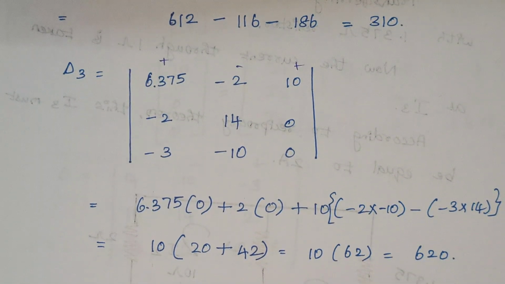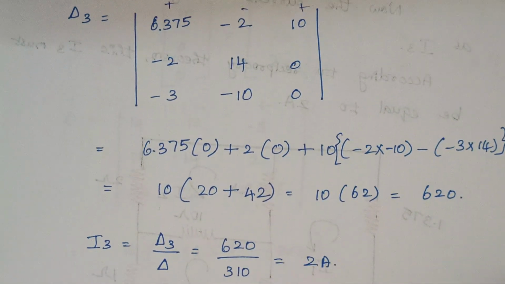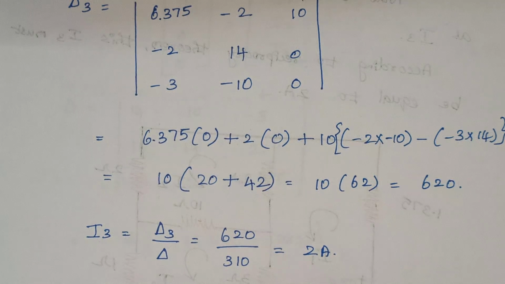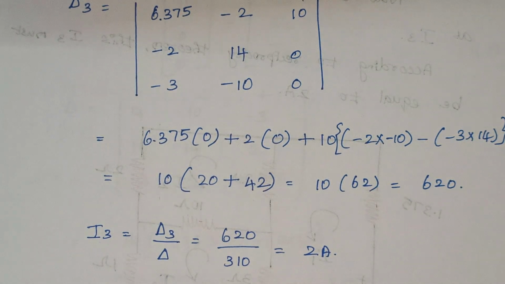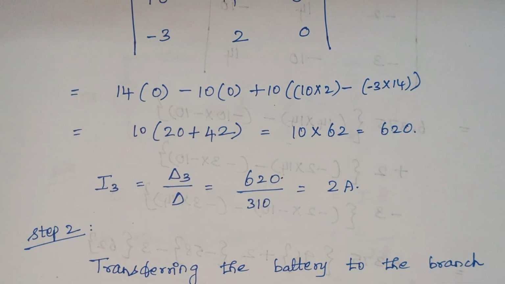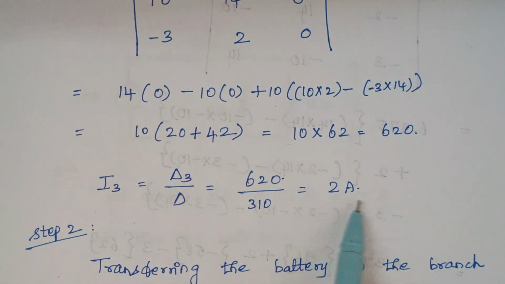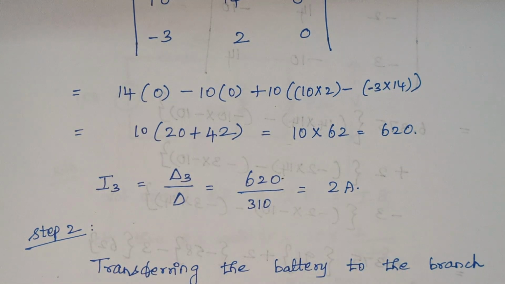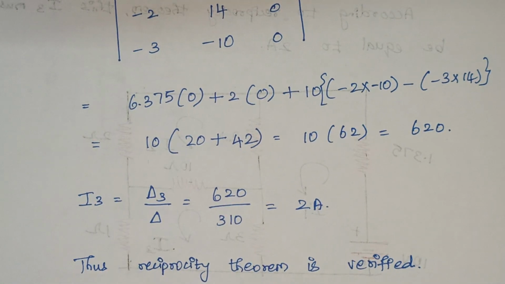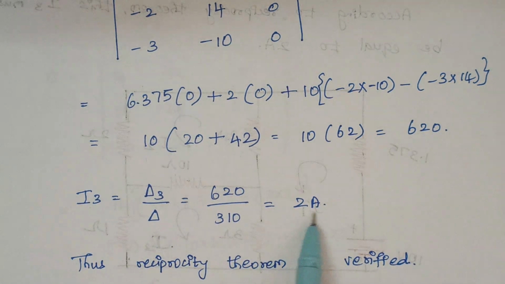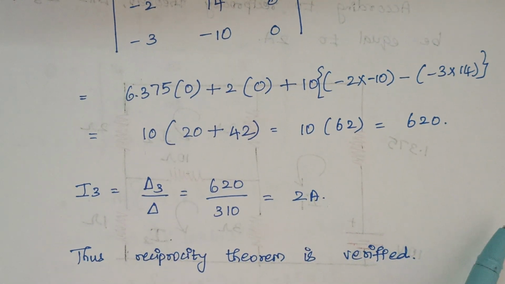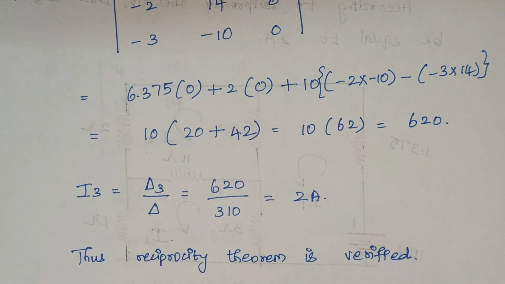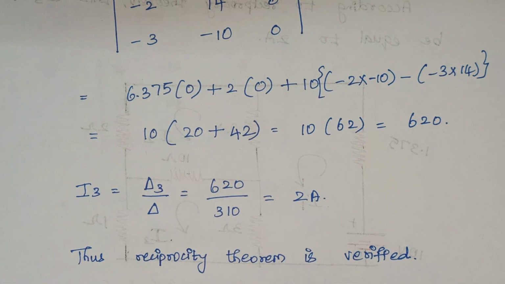This is calculated as 620, and therefore the value of I3 is del 3 by del, which is 2 amps, right. So in step 1 also, we are having the value of I3 as 2 amps, right. So again in step 2 also the value of I3 is 2 amps, right. Therefore, for this circuit, the reciprocity theorem is verified, right.